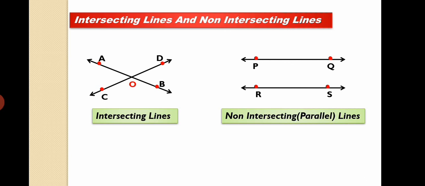In this diagram also you can see that in the first diagram, line AB and CD are intersecting each other at point O. They are intersecting lines. And in the second diagram, line PQ and line RS are non-intersecting lines, they are parallel to each other. It means distance between both the lines is equal. These types of lines are called parallel lines.